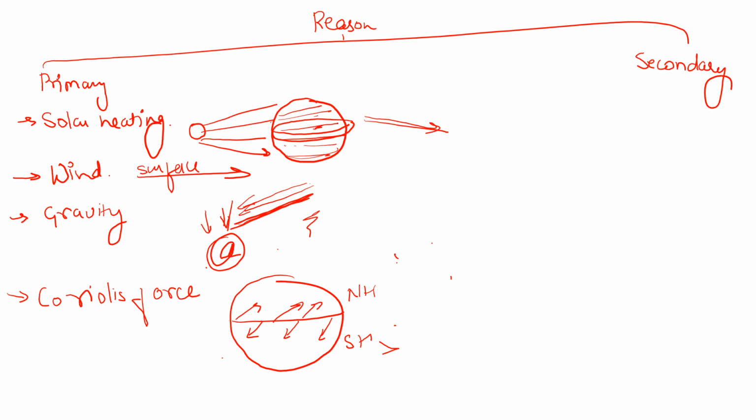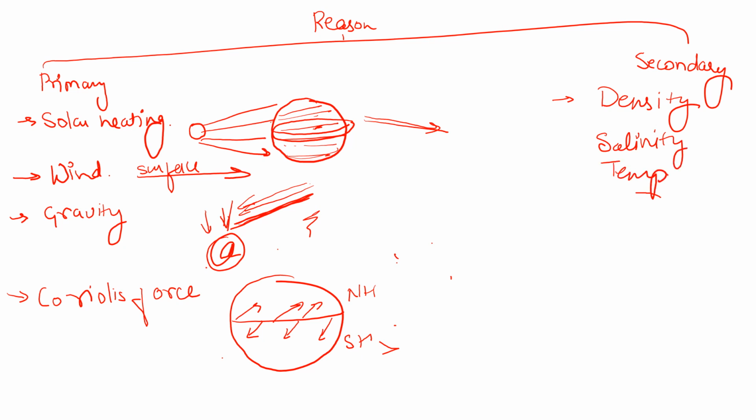Okay. So coming to secondary forces, first one is the density. We know that there are various factors which affect the density of water. It can be salinity of the water, temperature of the water.